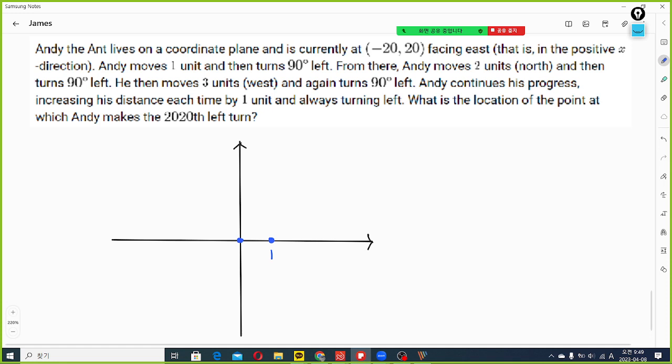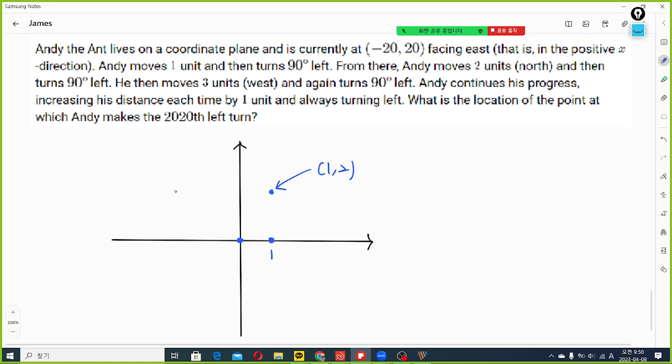And then he's moving 2 units north. So his next position will be 1 and 2, and then he makes another 90-degree turn. Now he's moving to the west, 3 units.